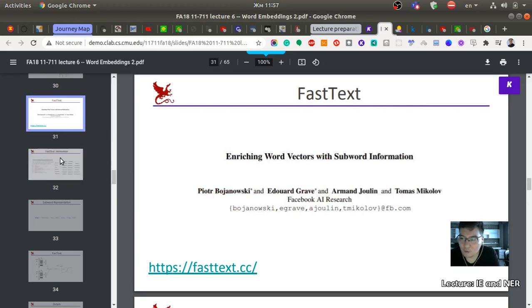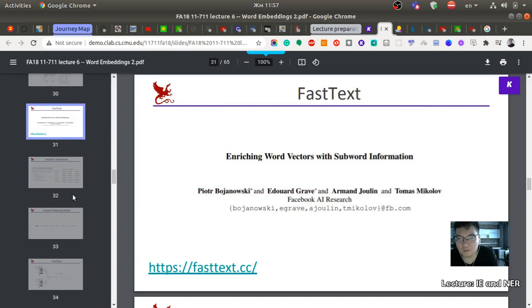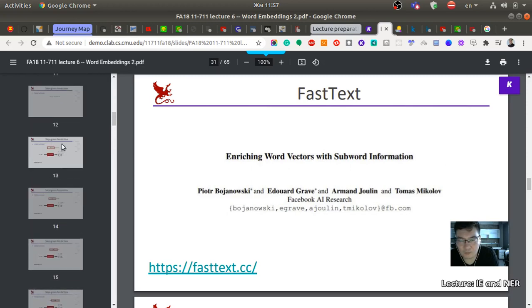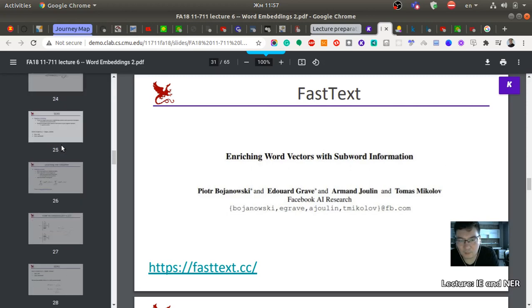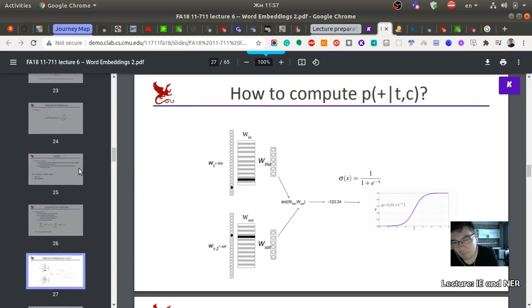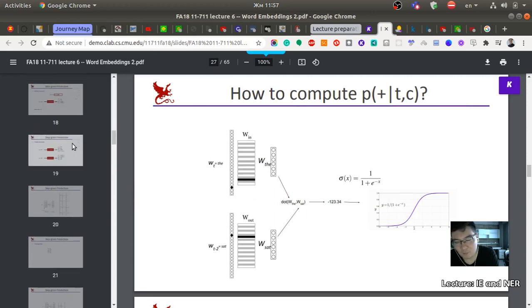This is a continuation of the previous Word2Vec topic. In Word2Vec I can actually rewind you some topics. Word2Vec was when you want to represent a word in some vector form.